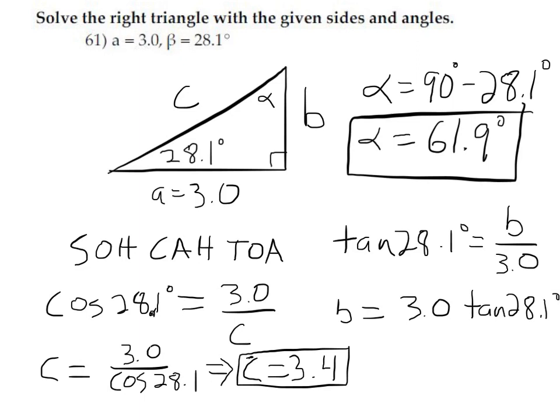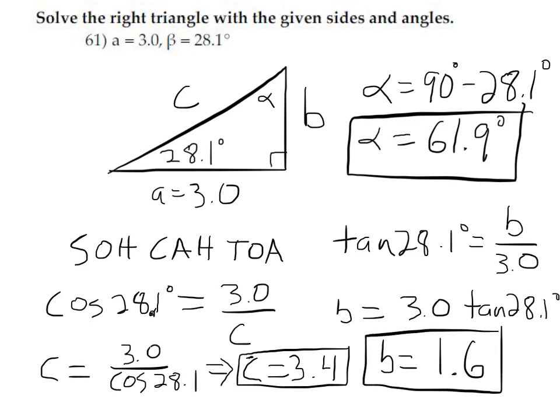Plugging this into your calculator gives you B equals 1.6018, rounded to the nearest tenth, like the original information, 1.6. Okay, so we have found the three missing pieces.